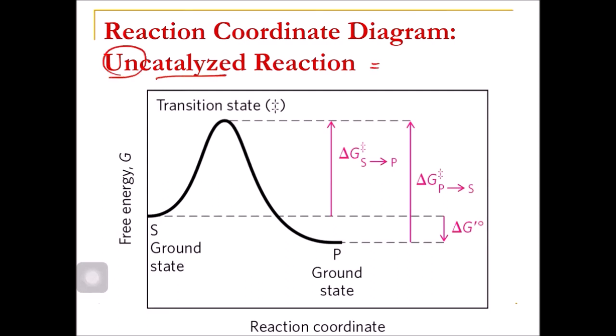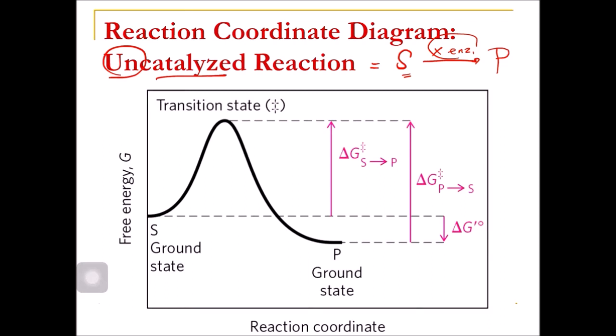Una sa lahat, pag sinabi nating uncatalyzed reaction, ibig sabihin yan, conversion ng substrate o ng reactant papunta sa pagiging product pero walang enzyme. Kaya nga, uncatalyzed, walang enzyme. Nabanggit natin kanina na oo, nagagawa ang product through chemical reaction, ngunit pag walang enzyme, mabagal siya. Pero may product.